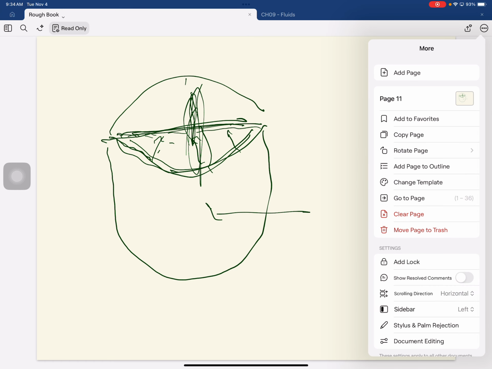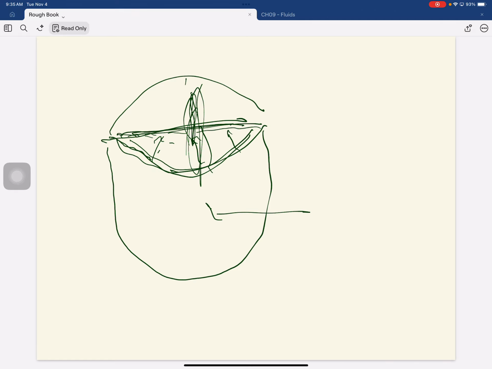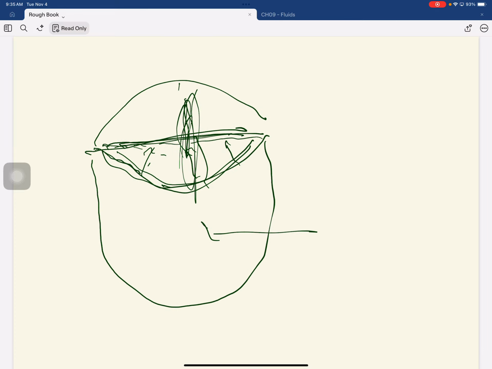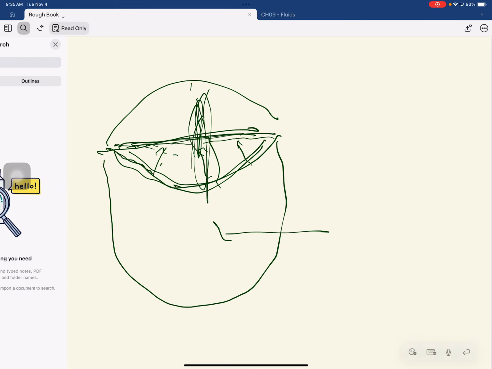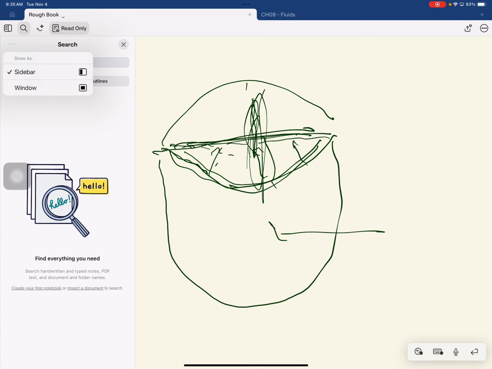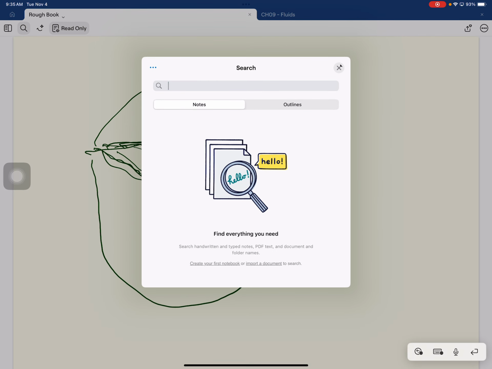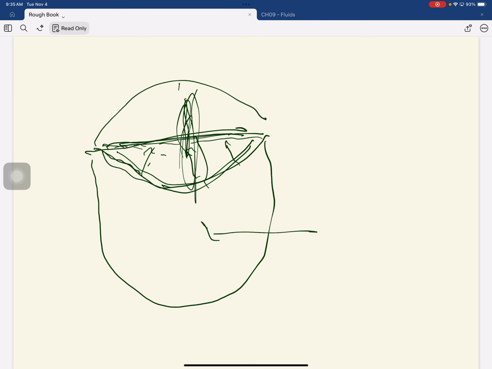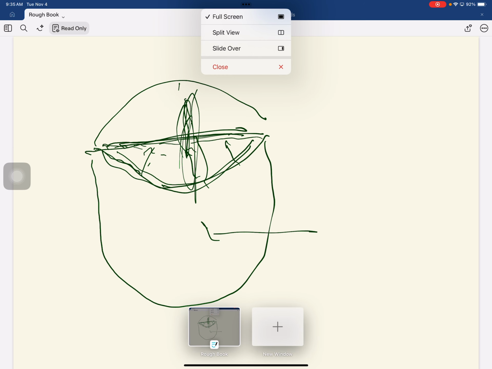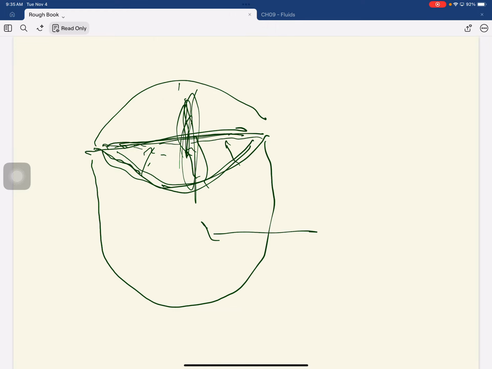Anybody know how to find my tools? I need to find my toolbar. I can't find my toolbar.